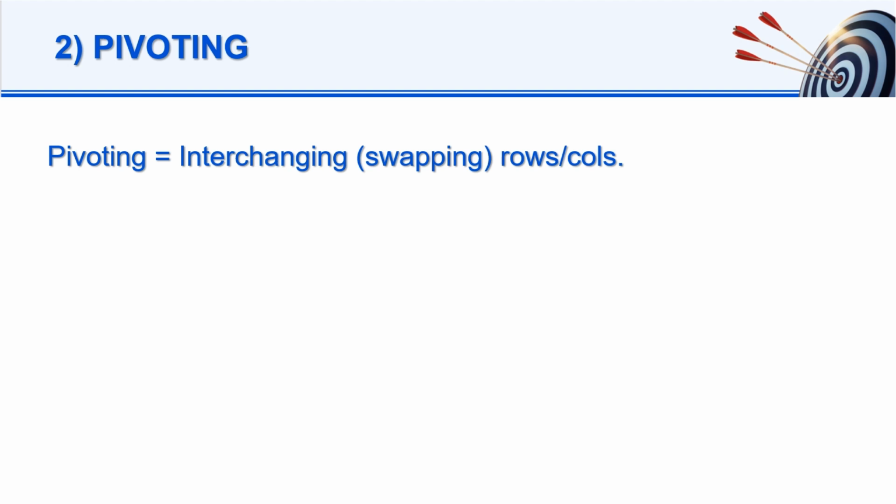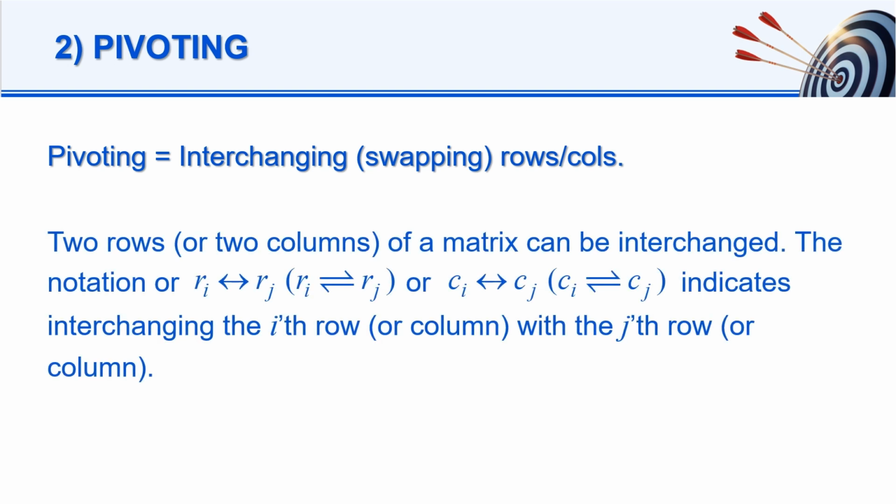The pivoting operation is simply the interchanging or swapping of rows or columns during row reduction. This is done to ensure that numerical stability is maintained and that row operations proceed efficiently. In this context, pivoting refers to selecting a pivot element in a matrix to use as the leading entry in a row, then performing row operations to simplify the matrix.